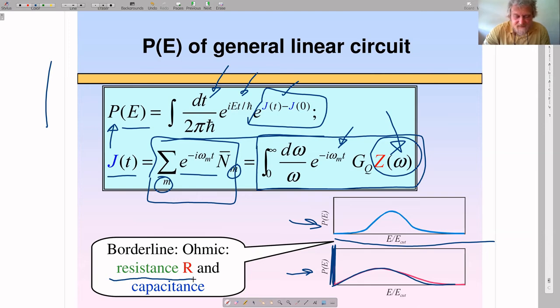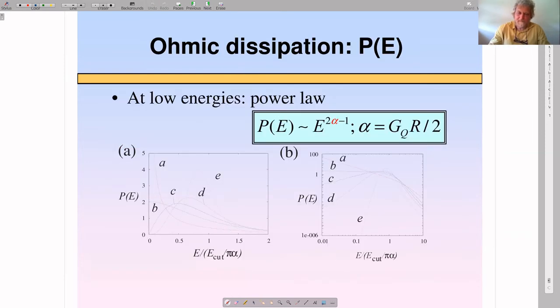So let us now concentrate on this borderline because it's also the most relevant model. It corresponds to finite impedance at zero frequency. Sure, it's called ohmic dissipation.